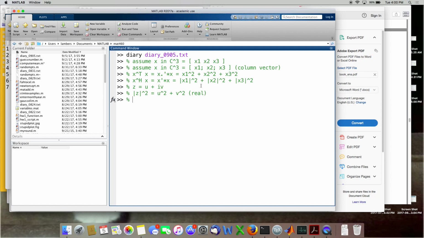But z squared is u plus iv, times u plus iv. If you work that out, that's going to be u squared minus v squared, because you have iv times iv, and i squared is minus 1. And then you're going to have i times 2uv. So if you take a complex number and square it, there's going to be an imaginary part.